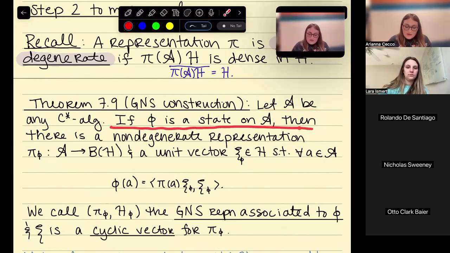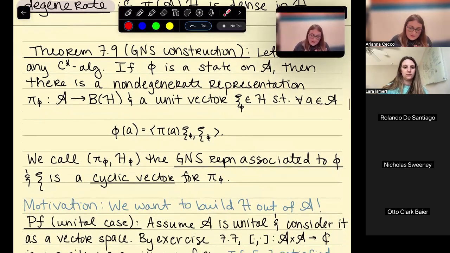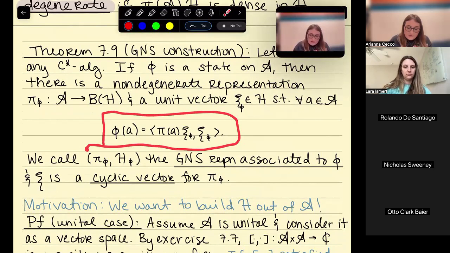If phi is a state on A, then there is a non-degenerate representation, pi sub phi, on H sub phi, and a unit vector, psi sub phi, in H sub phi, such that for all A in A, phi of A is equal to the inner product of pi of A applied to psi sub phi with psi sub phi.